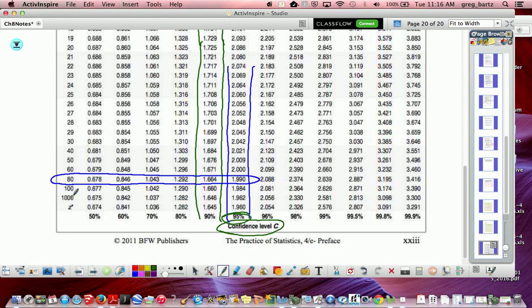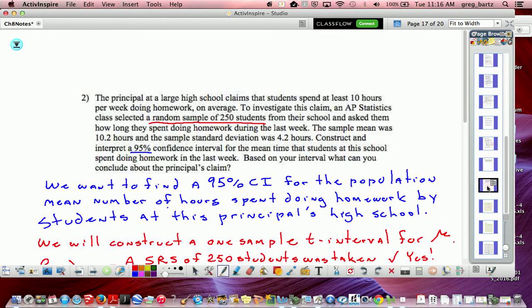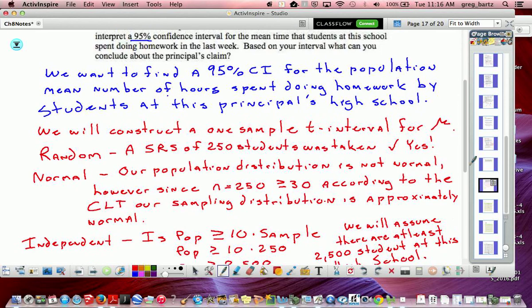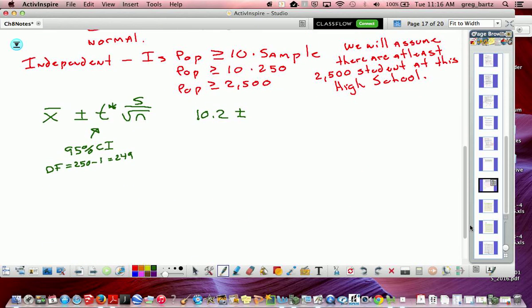It's between 100 and 1,000. So I'm going to use my lower value 100 and I get 1.984. So my T star is 1.984.